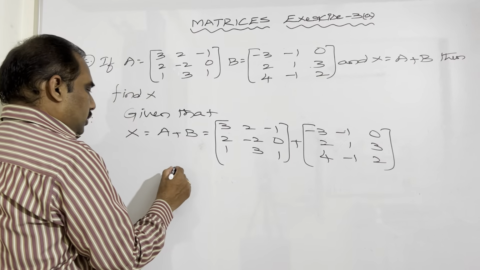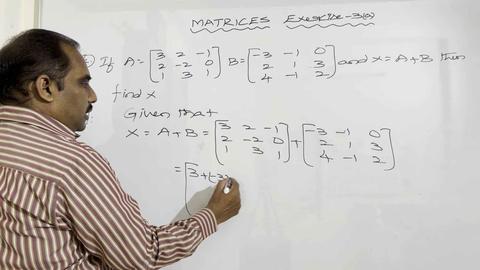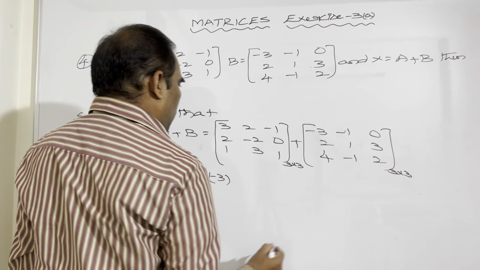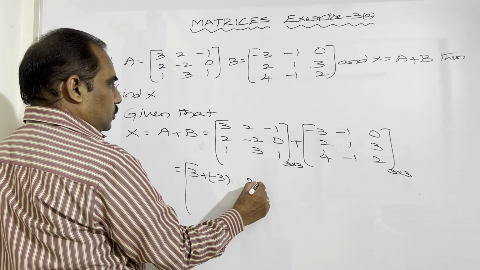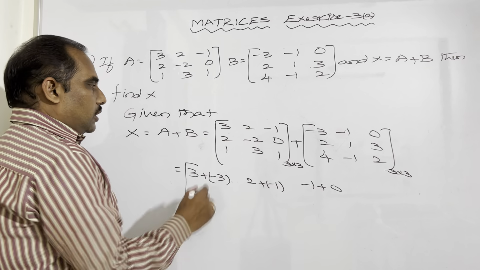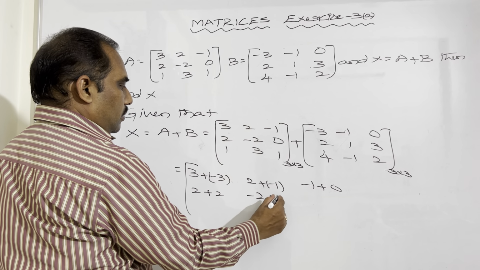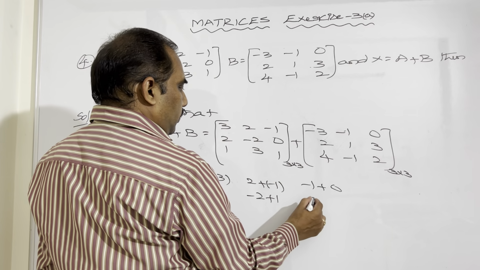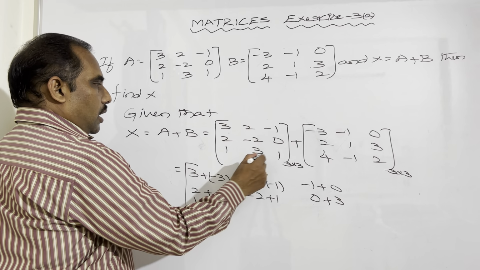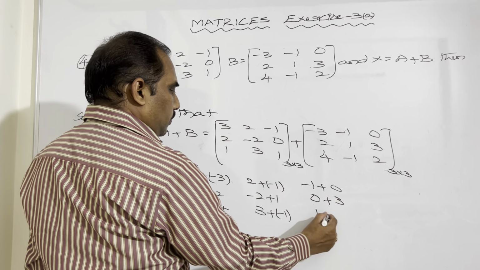So now adding the corresponding elements. Both the matrices are of order 3 by 3. So adding corresponding elements: 3 plus minus 3, 2 plus minus 1, minus 1 plus 0, then 2 plus 2, minus 2 plus 1, 0 plus 3, 1 plus 4, 3 plus minus 1, 1 plus 2.